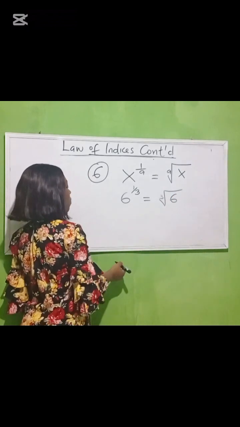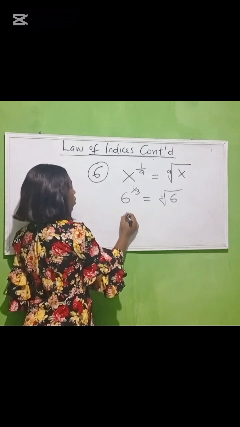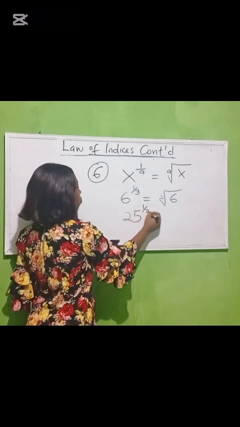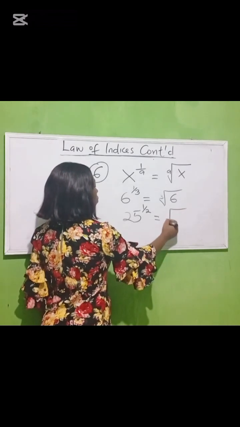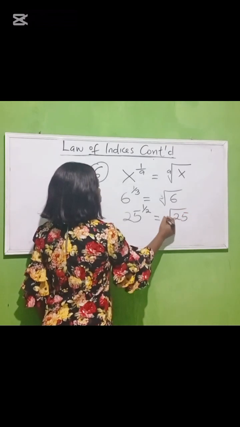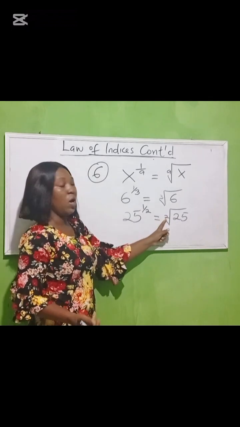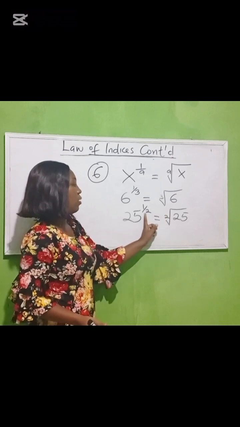Let me give you one more example. You have 25 raised to power 1 over 2. That's half. So write it as the square root of 25. You can put down your 2 here or you can remove the 2. Why? Because this is actually a square root and square root is half of this.